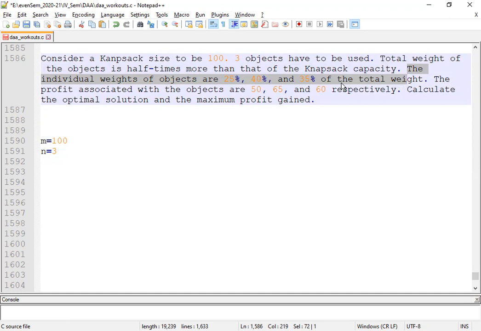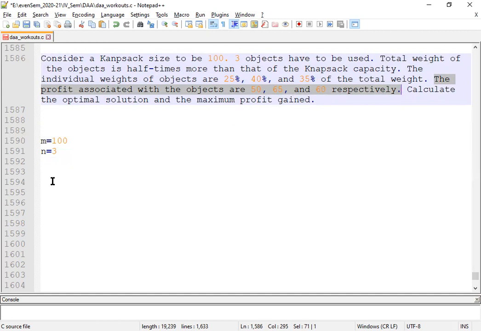First we need to identify the total weight based upon the knapsack size, and then by making use of these percentages we are going to calculate the individual weights. Then they have also given the profits of the individual objects. The first object's profit is 50, second is 65, and third is 60.